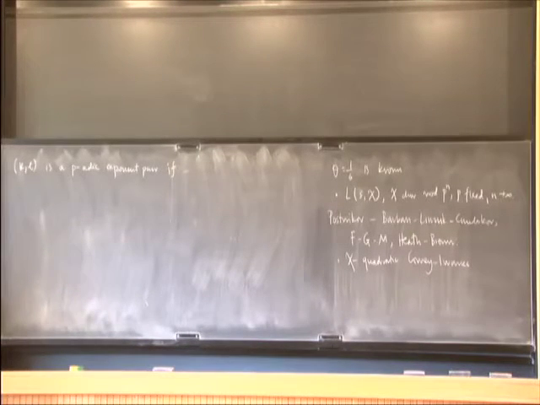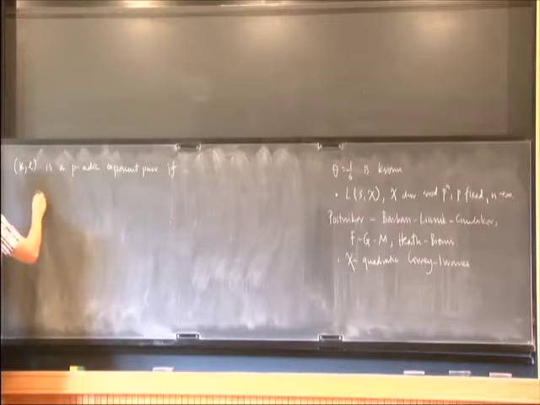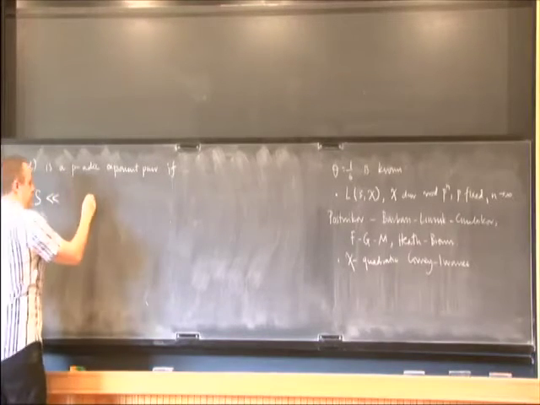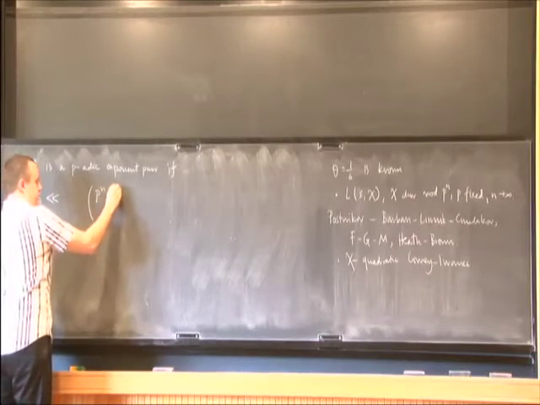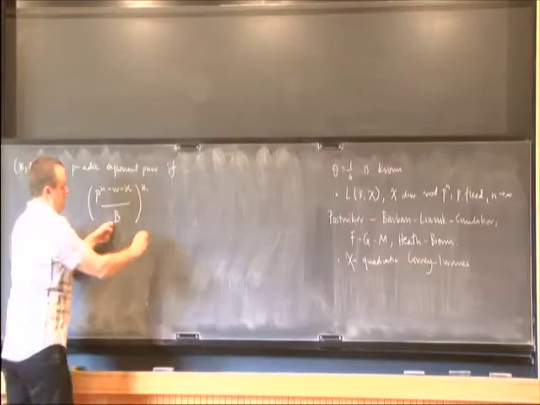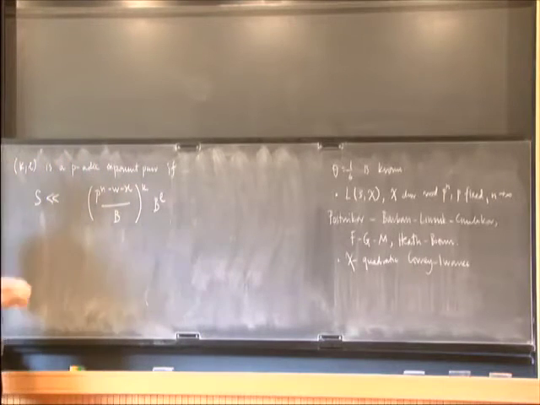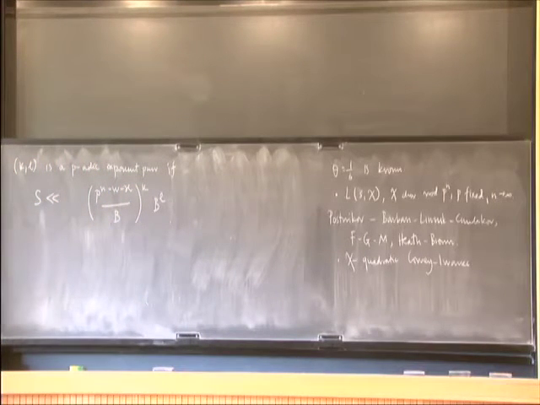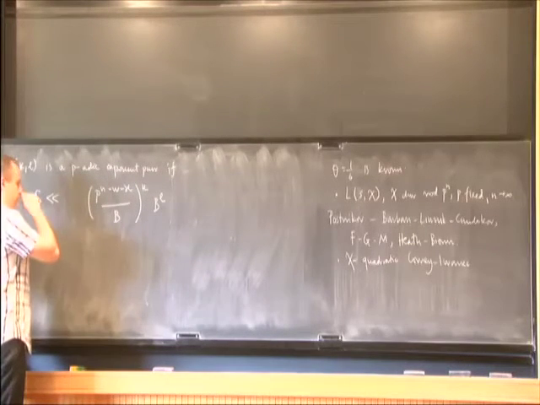If the following holds, so this sum, I'm going to call this sum S. So if this sum is less than p^(2n-w-kappa over b) to the k times b to the l. So this is morally what it should be. p^(2n-w) is essentially the conductor here, and you also have to subtract this kappa. B is the length of the summation. And then you actually have to allow for a fudge factor.